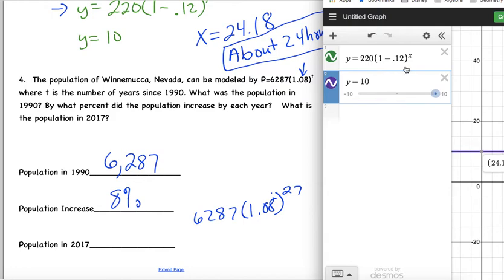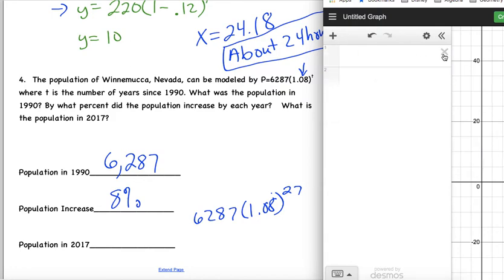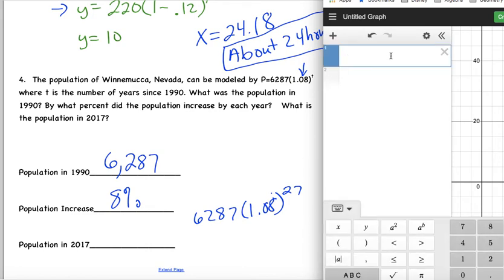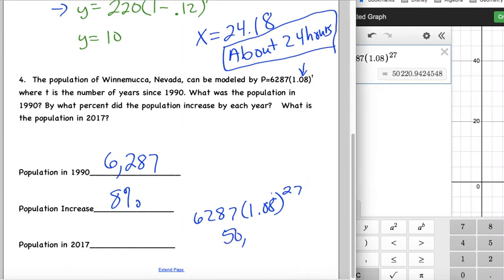So I'm going to go over here into Desmos and type that in. 6287 times 1.08 to the power of 27. And I am getting 50,220.94. So I'm going to say about 50,221 would be the population in 2017.